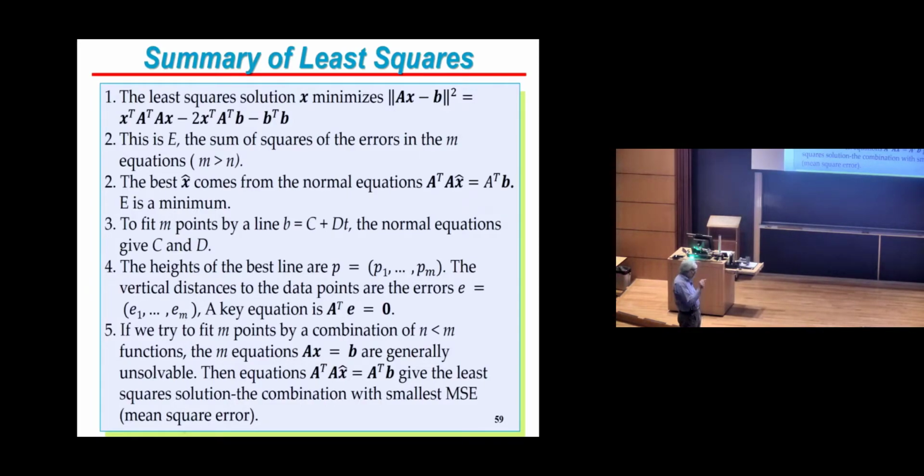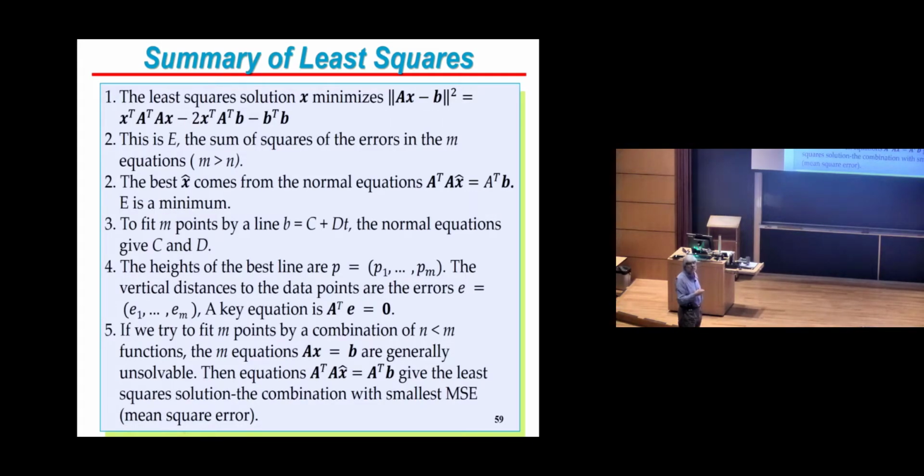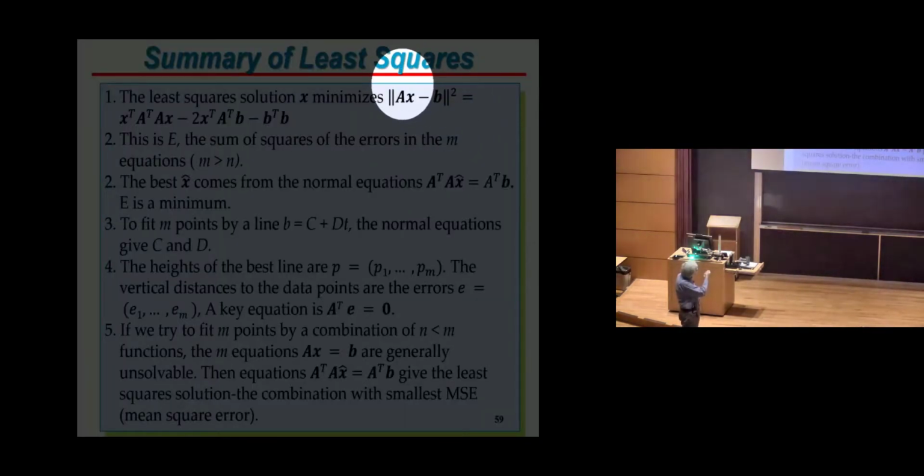You remember the projection of b in the column space is Ax hat. And that's what we compute. We compute what that x hat is. Can you imagine what the solution to this minimization problem is going to be? If you try by hand to minimize this square objective function, what is the optimal solution you will get?